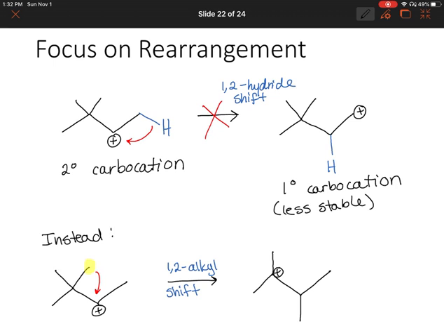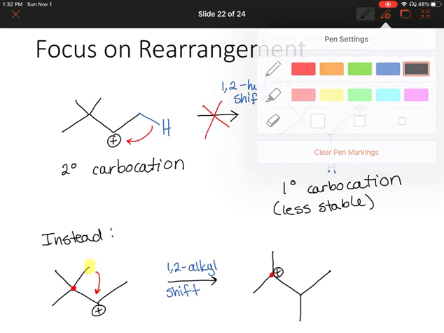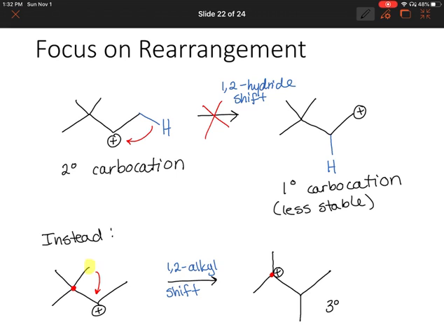So now this quaternary carbon again became a tertiary carbon with a positive charge. So now this is a tertiary carbocation, which is more stable than a secondary carbocation. And we'll talk about why in a second. And I'll highlight the methyl group on the product that moved. There we go.